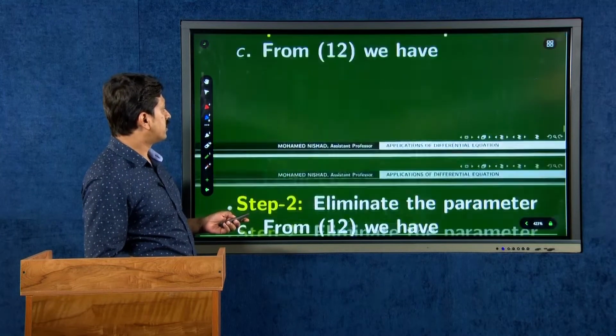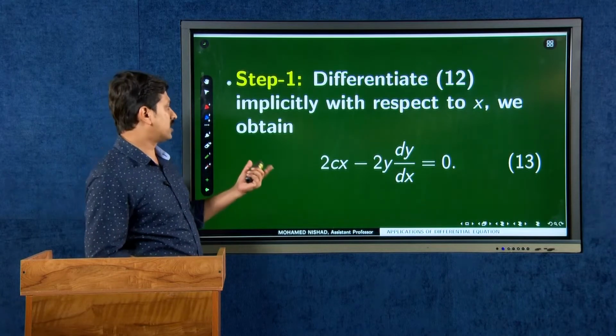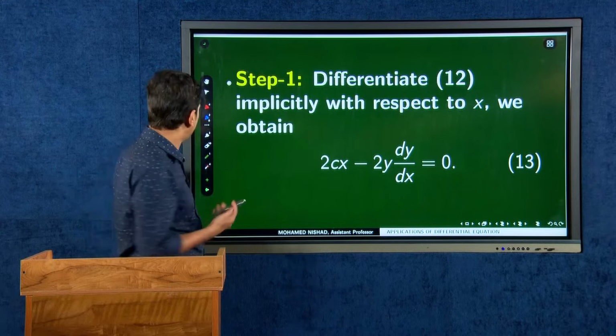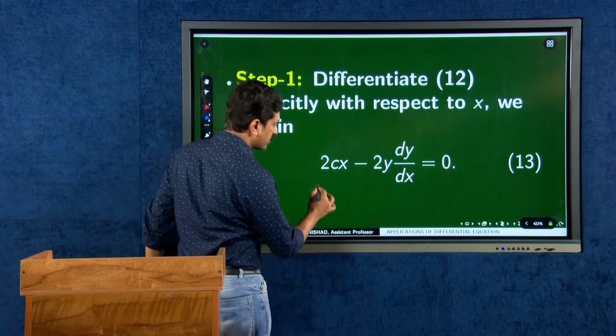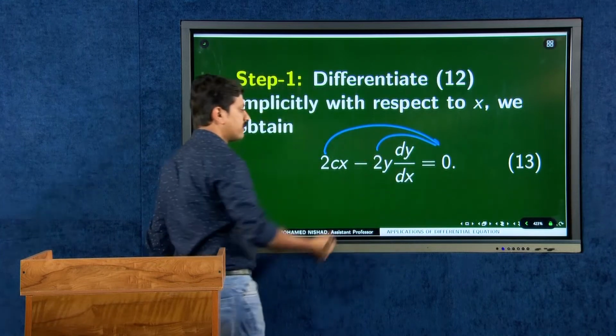We have the differential equation here, and this term becomes 0.